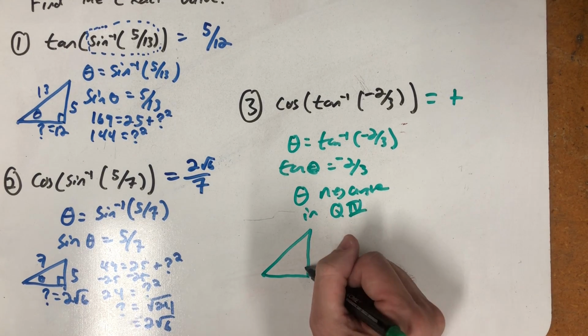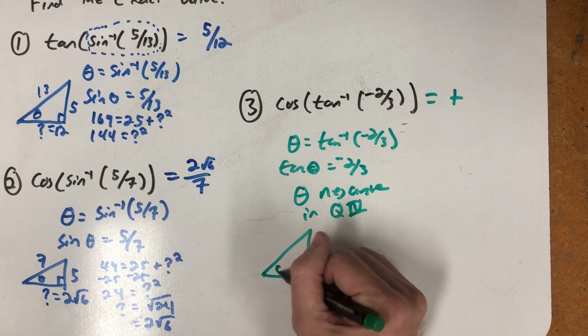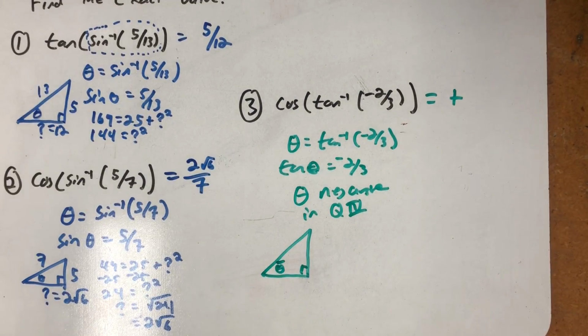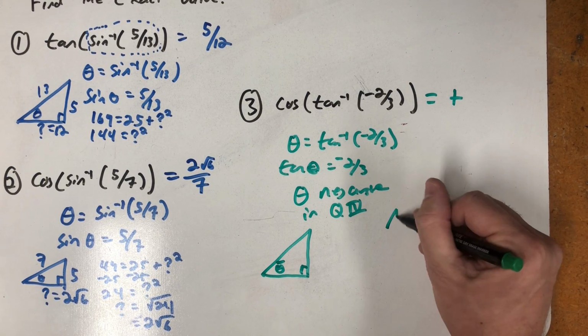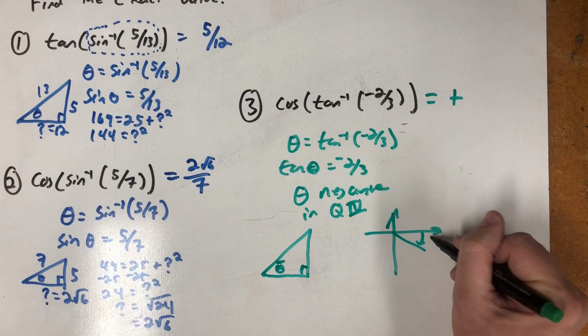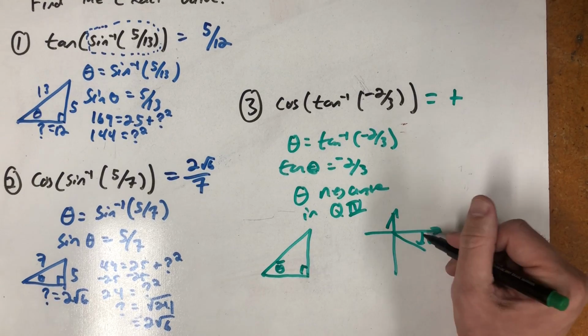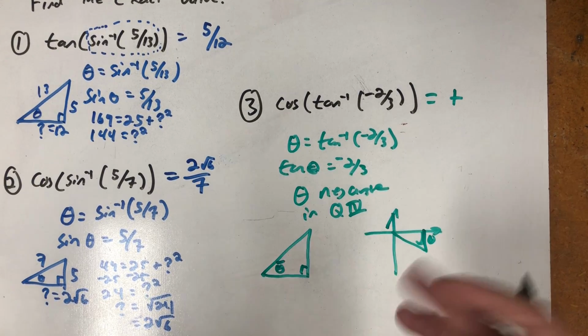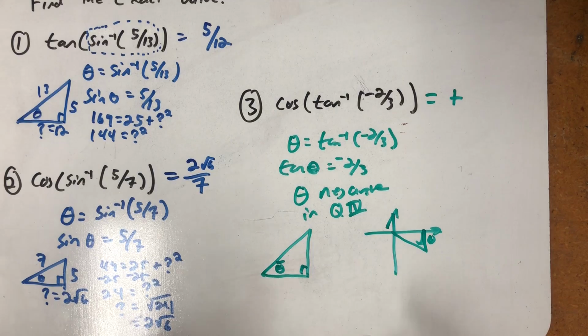So instead of drawing a right triangle with this angle theta in it, I'm going to imagine that it's the reference angle. I could also draw a picture that looks like this, where I rotate down theta, right, because that's what theta is, and then draw a right triangle hanging down in the 4th quadrant, and actually use the signed diagram. But I'm just going to use a right triangle here, thinking about a reference angle.